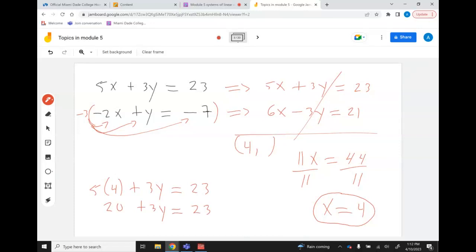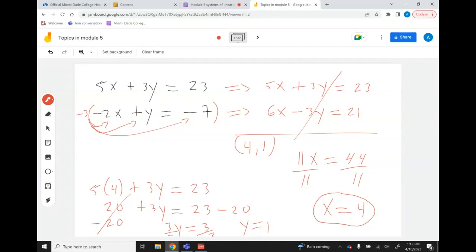So I'm going to move the 20 over. So this is gone. What do we have left? I'm going to have 3y equals 3. When you divide both sides by 3, you end up with 1. So this gives you 1. So my solution is 4 comma 1, the ordered pair 4 comma 1.